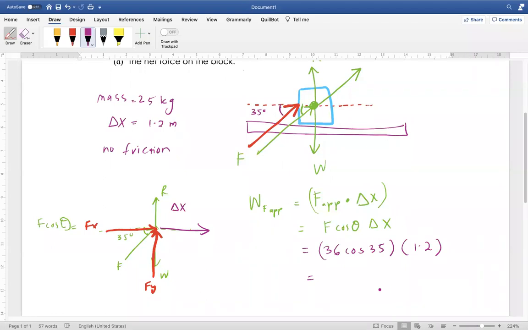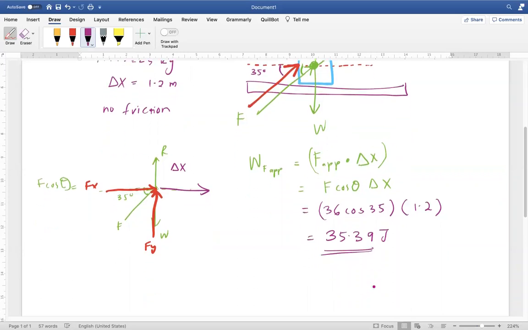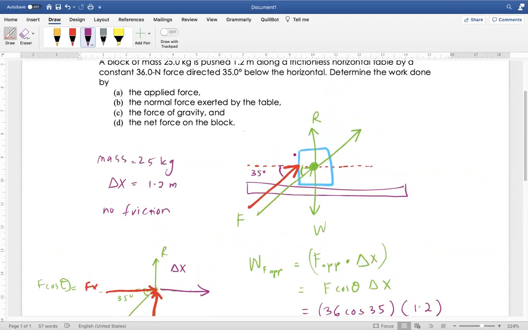I think I lost it. Sedih lah. 35.39. Did everyone get this? Yes. Everyone try. Okay, that is the work done by the applied force.